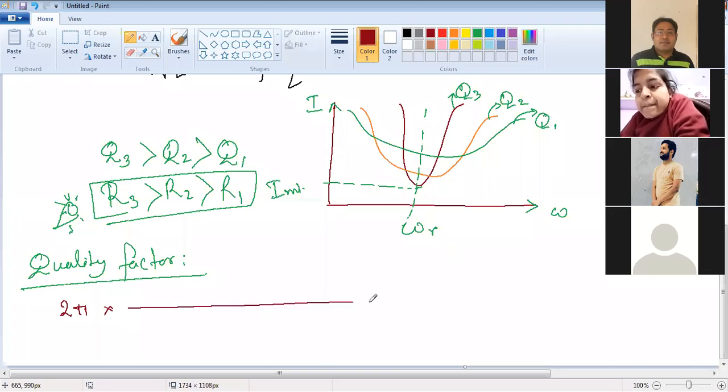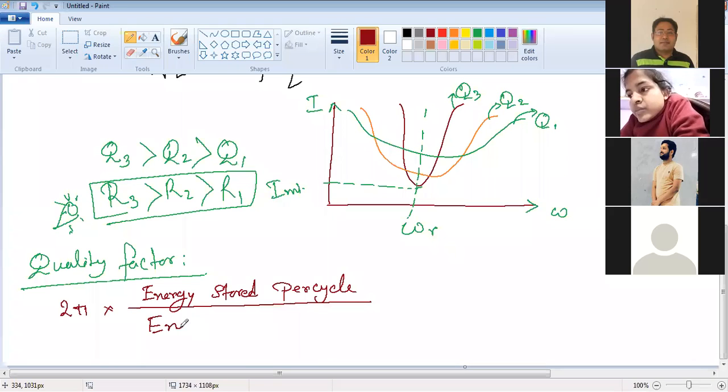So you can write energy stored per cycle, energy dissipated per cycle. Okay, this is the quality factor.